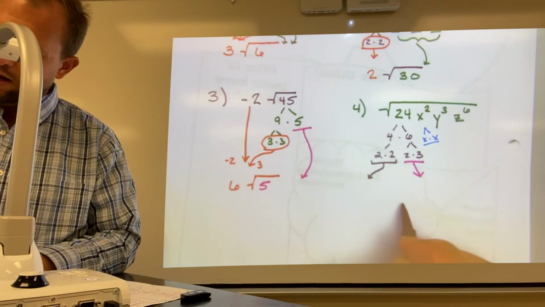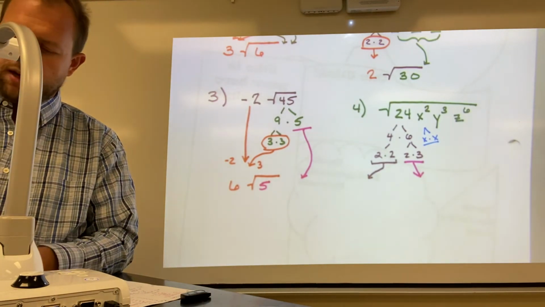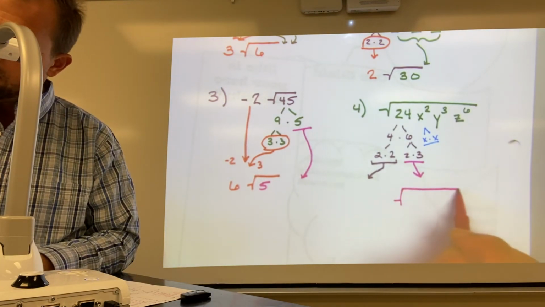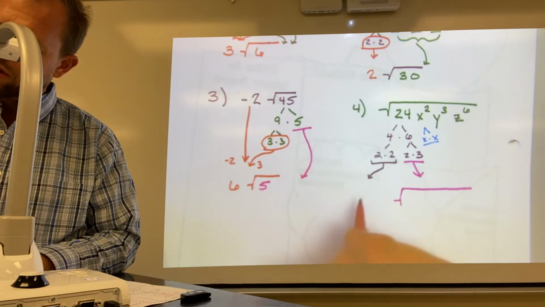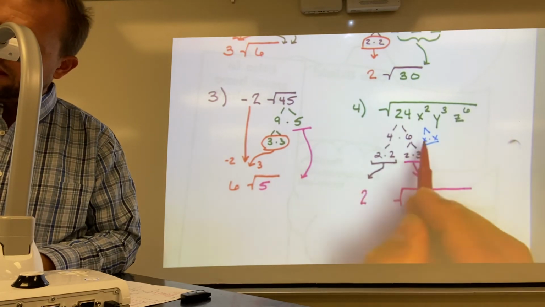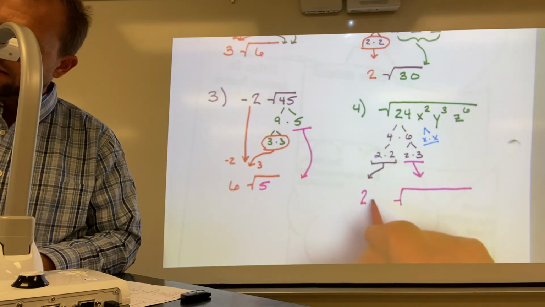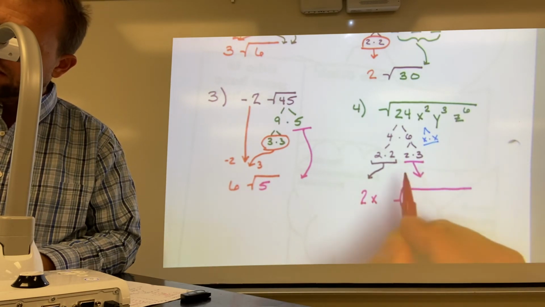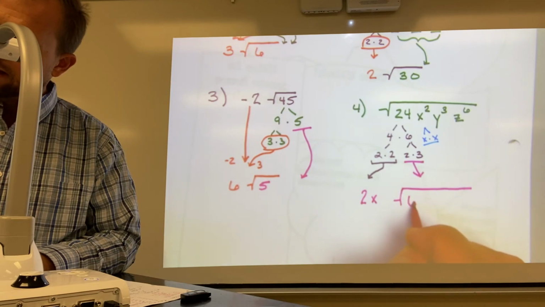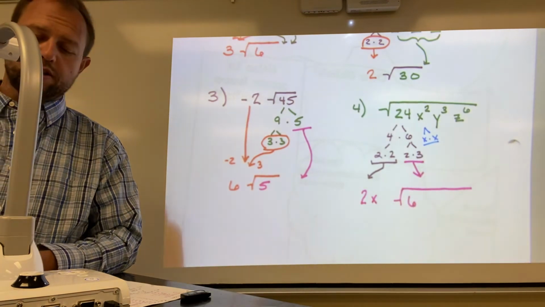So if we draw in our radical down here and start putting pieces under it and pieces out front, we had the 2 times 2, so a 2 came out. X times x means 1 x comes out. Underneath, the 2 times 3, 6 stayed underneath. There were no x parts to go underneath.